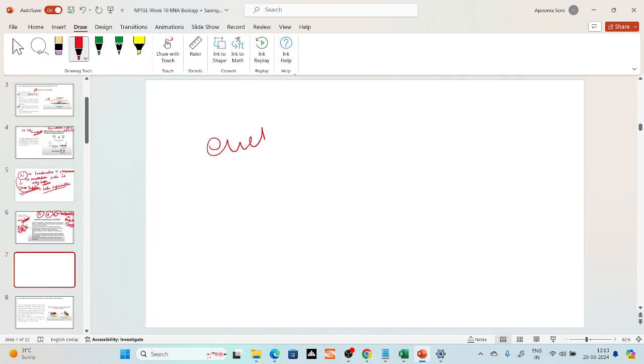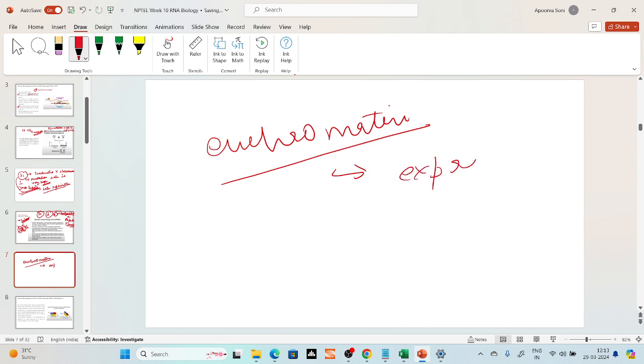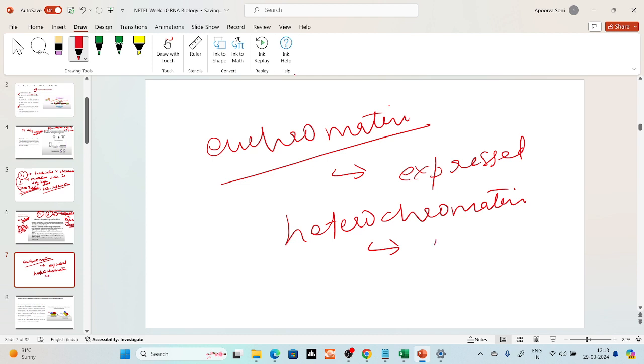Euchromatin is the region of the DNA which is getting expressed, and heterochromatin is the region which is not getting expressed.